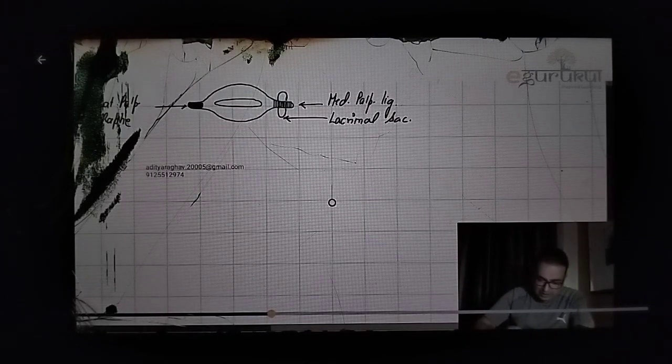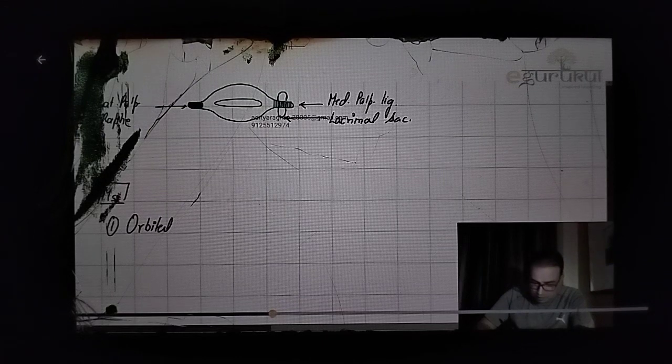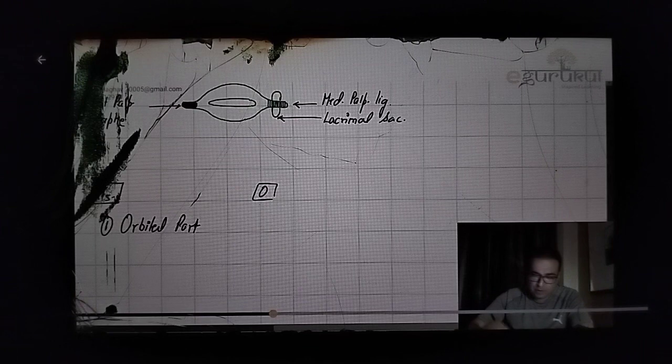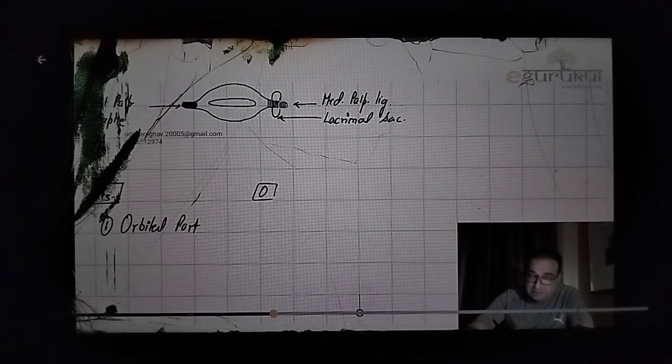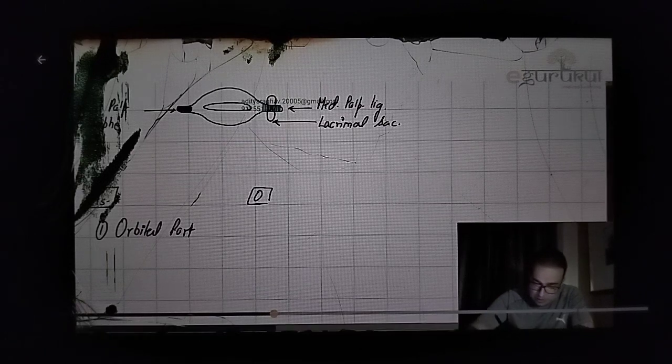Talking about the muscle orbicularis oculi, one part of this muscle is the orbital part. What is the origin of the orbital part? I'm writing O for the origin. The origin of the orbital part is the medial palpebral ligament only. But which part, medial or lateral? It's the medial part. Remember, this is the medial side. So it comes from the medial part of the medial palpebral ligament like this.